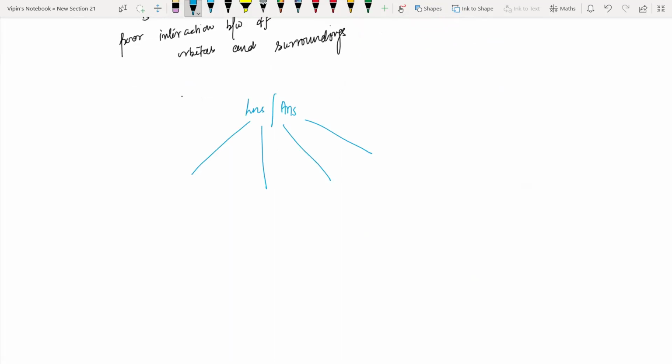First, the most important property, from which questions are asked in this topic, is the oxidation state and electronic configuration for both lanthanides and actinides. Another thing is the lanthanide contraction and actinide contraction.